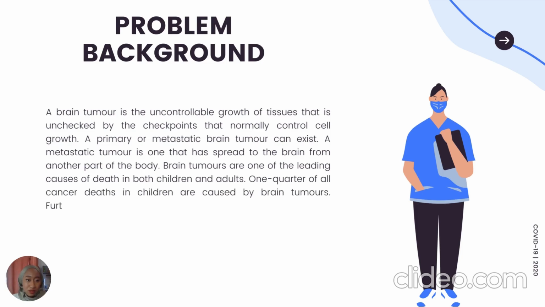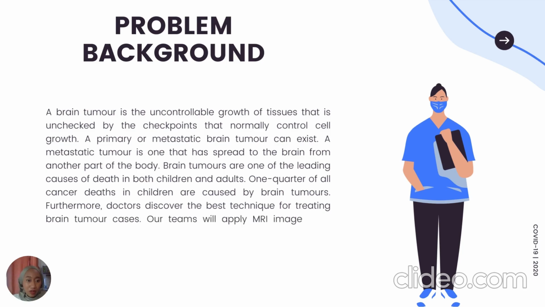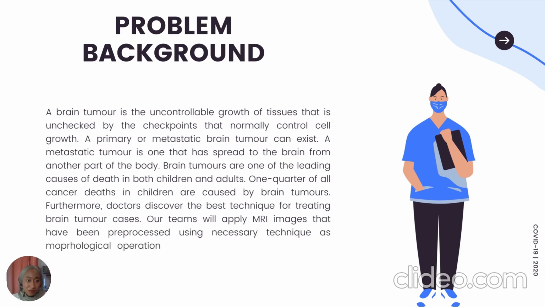One-quarter of all cancer deaths in children are caused by brain tumors. Furthermore, doctors discovered the best technique for treating brain tumor cases. Our team will apply MRI images that have been pre-processed using necessary techniques such as morphological operations, as well as a MATLAB algorithm to identify and distinguish brain tumors.